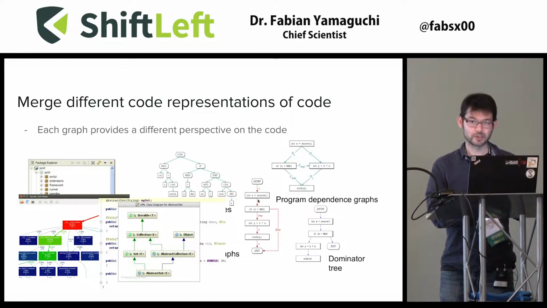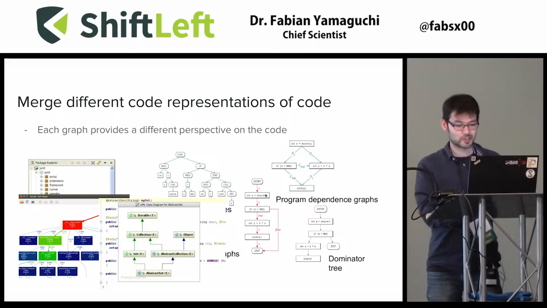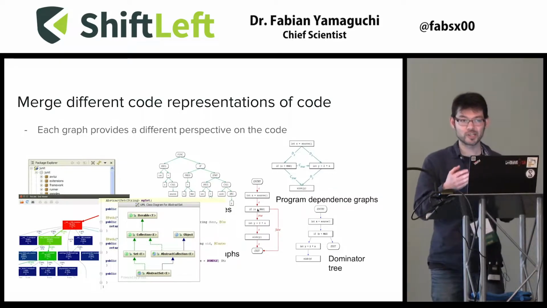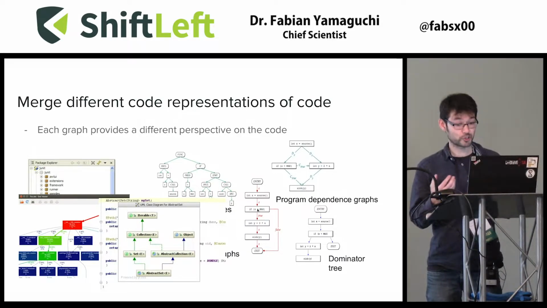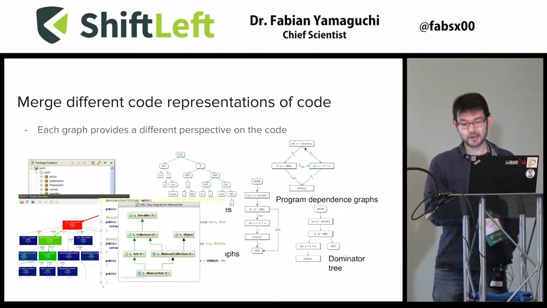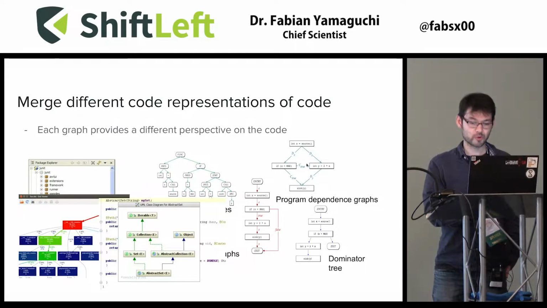Then you have what's called a control flow graph. If you've worked with reverse engineering tools like IDA Pro, you know this one. This shows you how you can get from one statement to the other, under which conditions. And then you have something like program dependence graphs. Those show you some data flow.